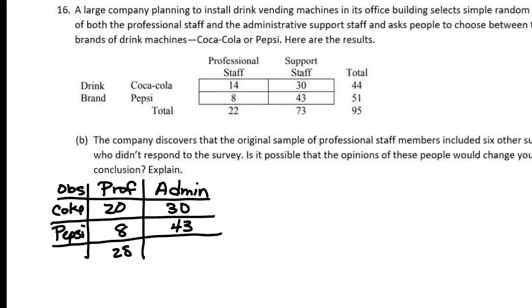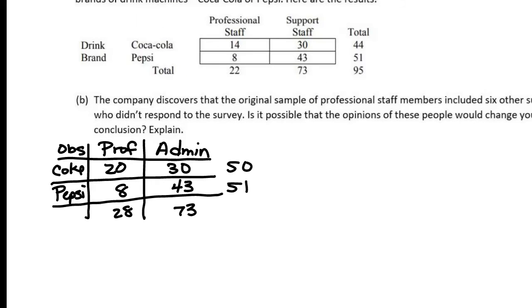So then I would have 28 total in my professional staff, still 73 here. I would have 50 for my total Coca-Cola and 51 for my total Pepsi. That one would remain unchanged. This is everyone chooses Coke. Or all 6 choose Coke.